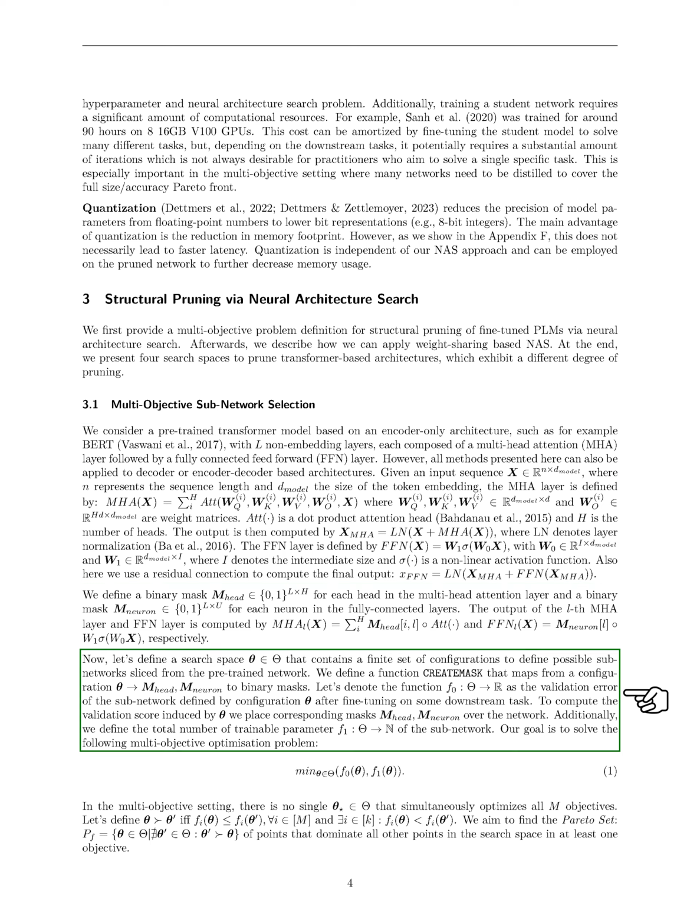We introduce a search space containing different configurations to define possible subnetworks extracted from the pre-trained model. A function called createMask maps each configuration to binary masks. We also define functions to evaluate the validation error and the total number of trainable parameters of a subnetwork based on a given configuration. Our objective is to solve a multi-objective optimization problem where there is no single configuration that optimizes all objectives simultaneously.